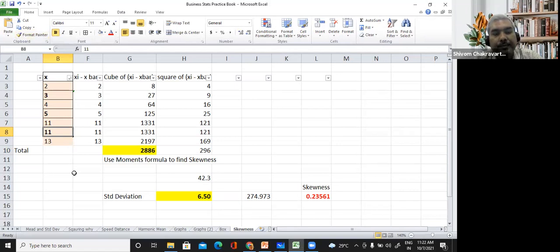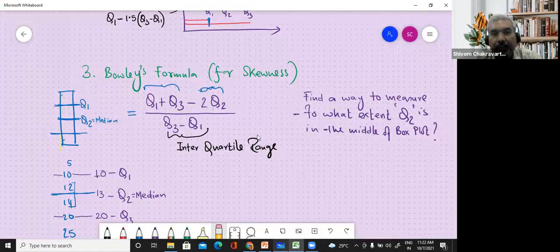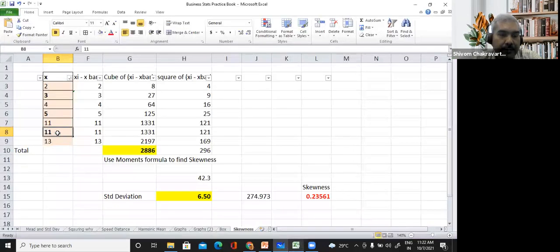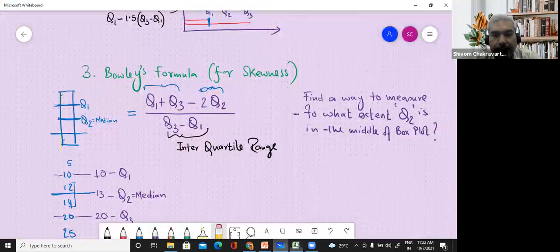All right. Then the formula: Q1 plus Q3 minus 2Q2. That will be 3 plus 11, that is 14, minus 2 into 5, that is 10. So 14 minus 10 will be 4, divided by Q3 minus Q1.